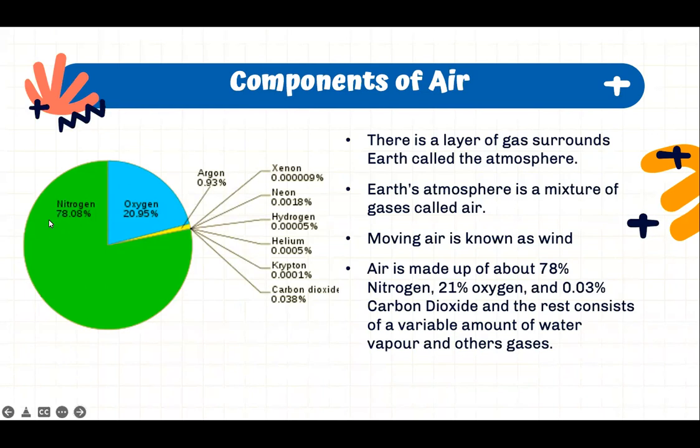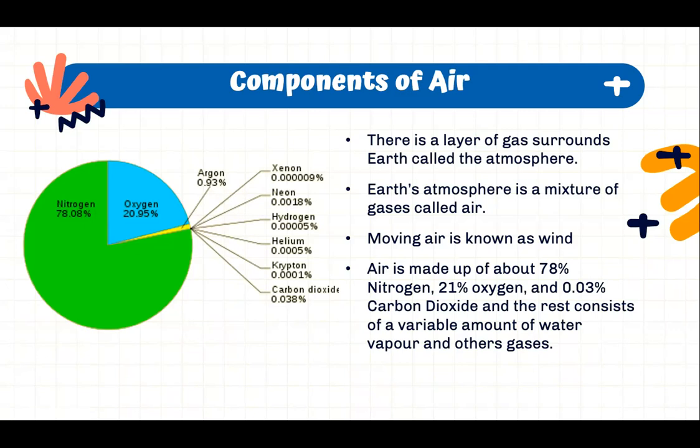We have nitrogen, oxygen, argon, neon, hydrogen, helium, krypton, carbon dioxide, and many, many more. But for students like you, all you need to know is oxygen, nitrogen, carbon dioxide, and other gases. This is easier for you to know.